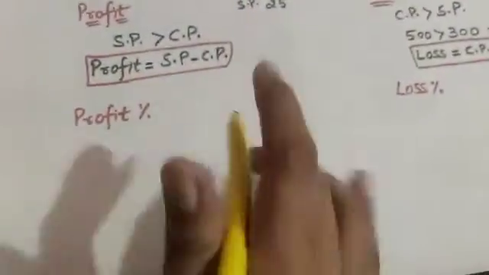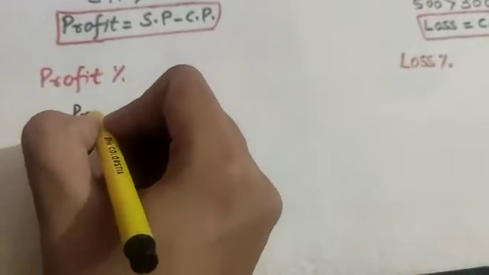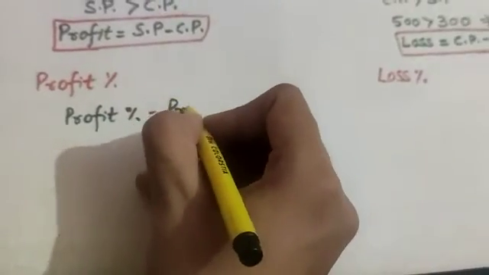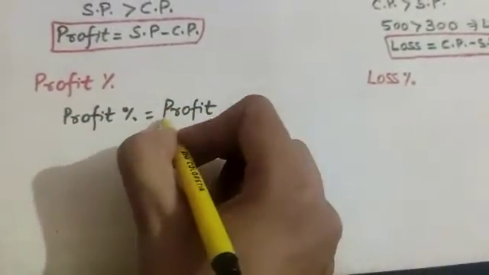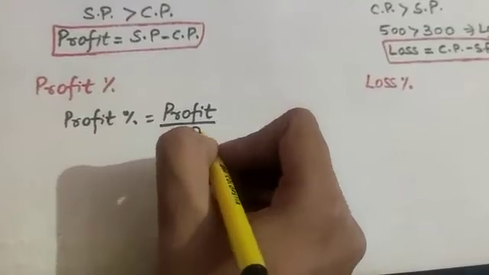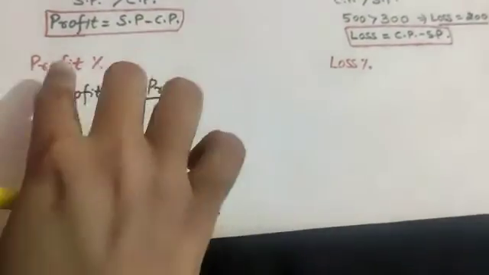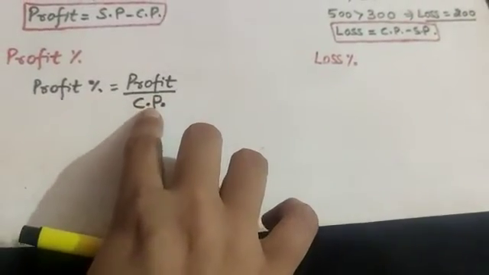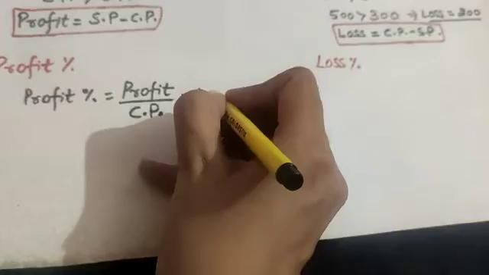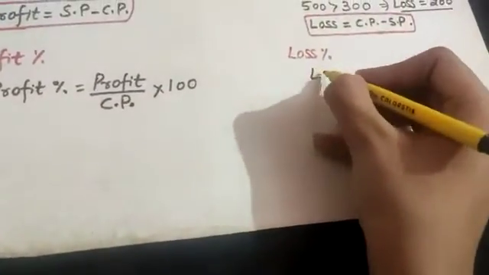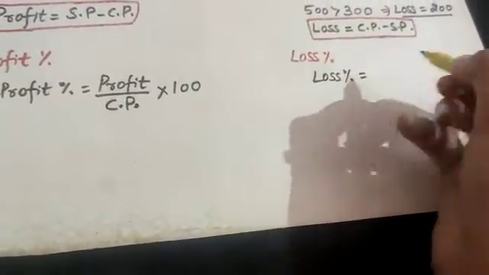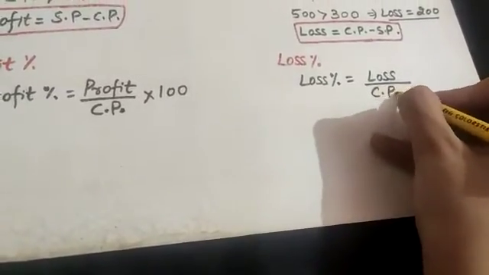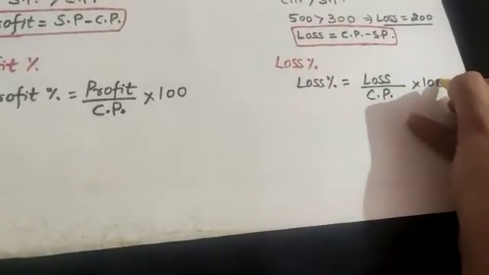So what is the formula of profit percent? Profit percent will be calculated as profit divided by the cost price, multiplied by 100. I have told you this already: profit percent and loss percent are always calculated on the cost price. Similarly, loss percent is equal to loss divided by CP multiplied by 100.